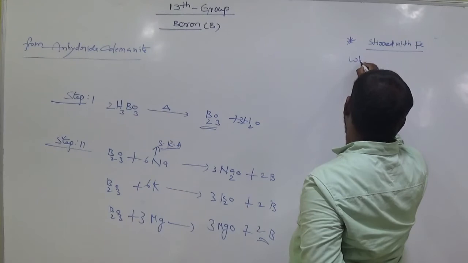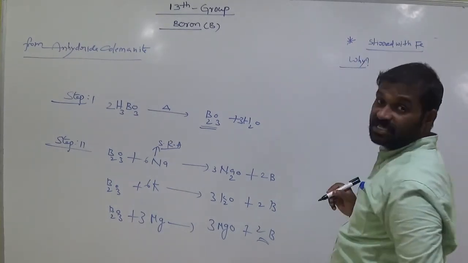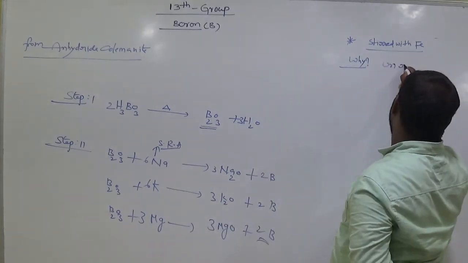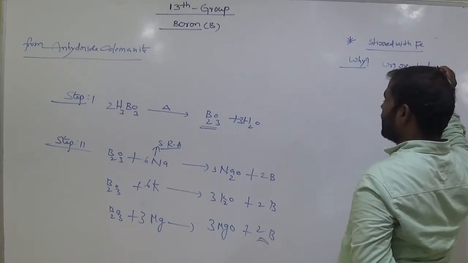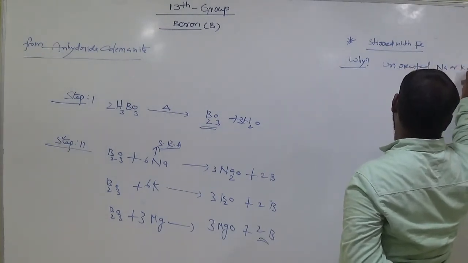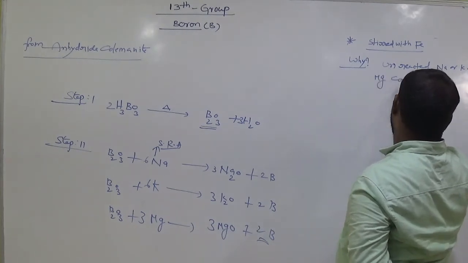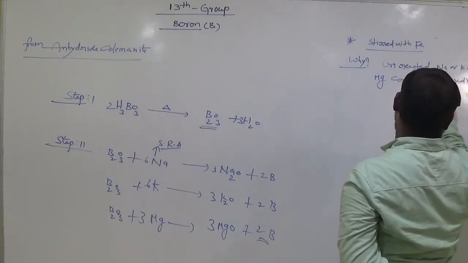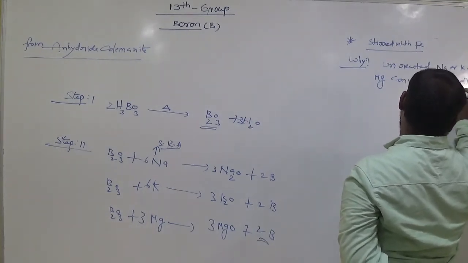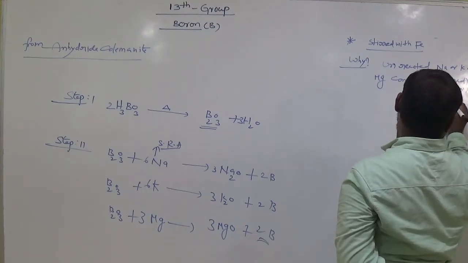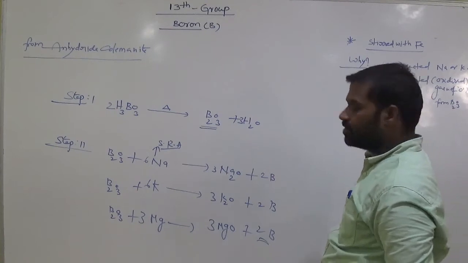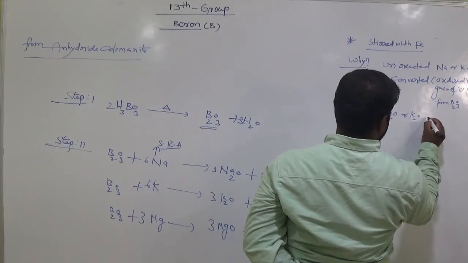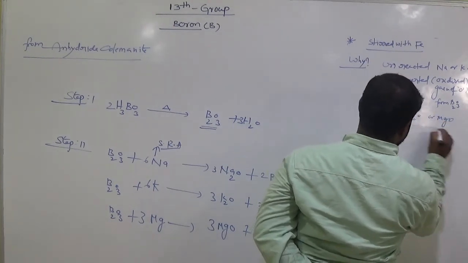So write the reason: unreacted sodium or potassium or magnesium is converted, or oxidized, that means gaining of oxygen, gain of oxygen from B2O3, oxidized as Na2O or K2O or MgO. So that is the purpose.